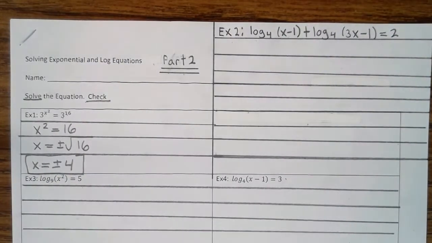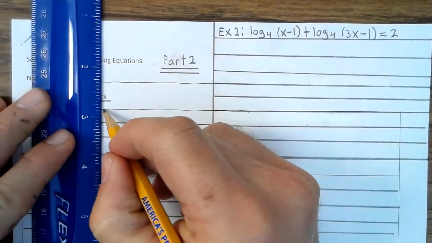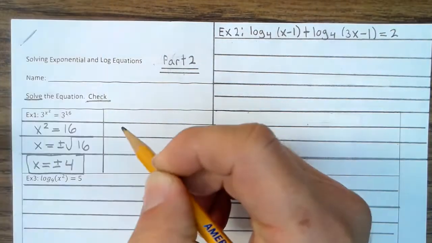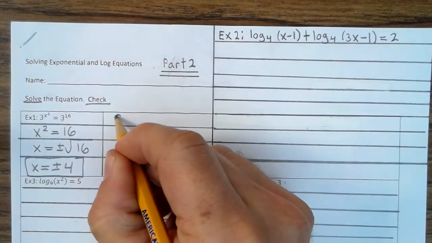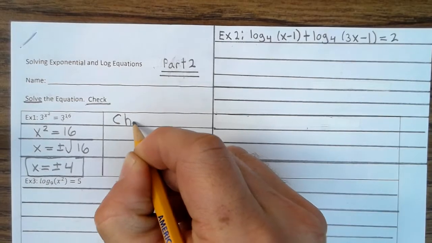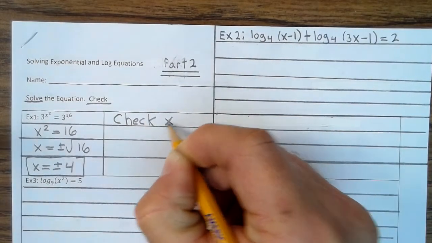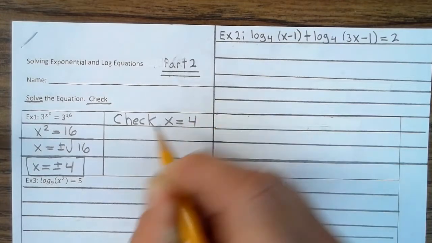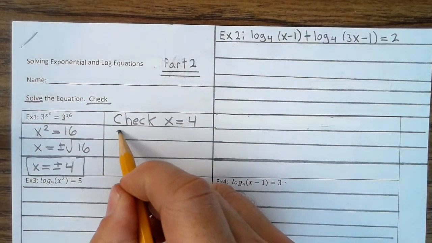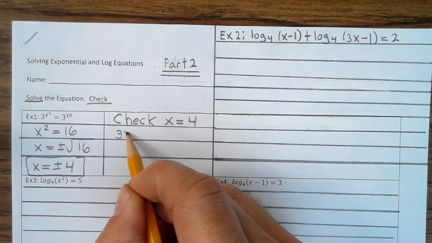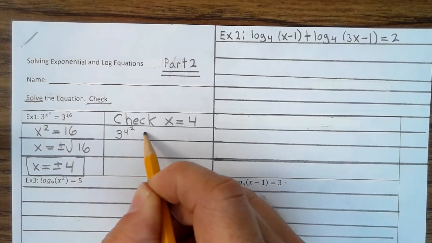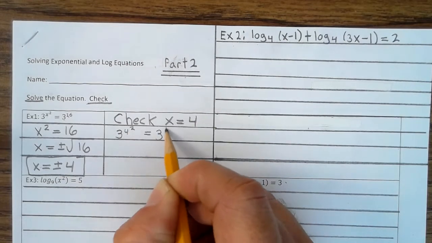All right, so we're going to check both of those values. So let's check x equals positive 4 first. So that's 3 raised to the 4 squared power equals 3 to the 16.